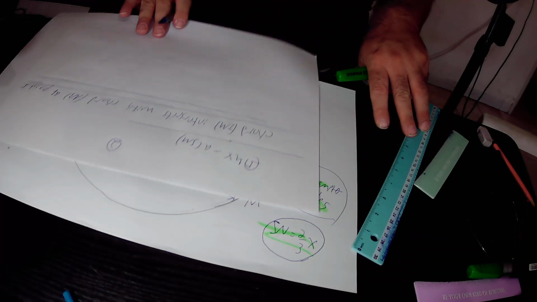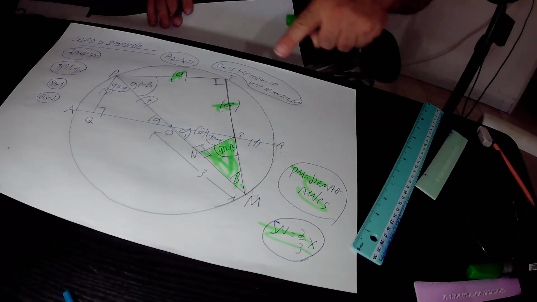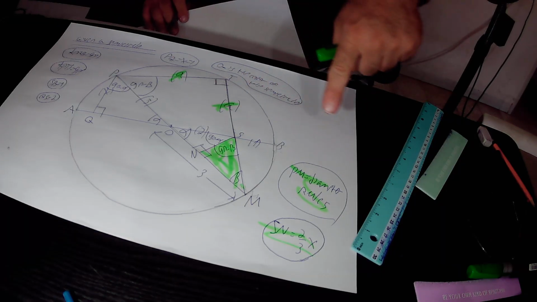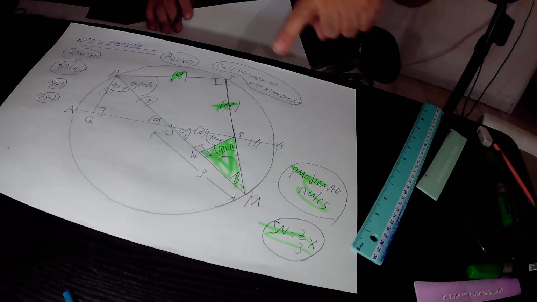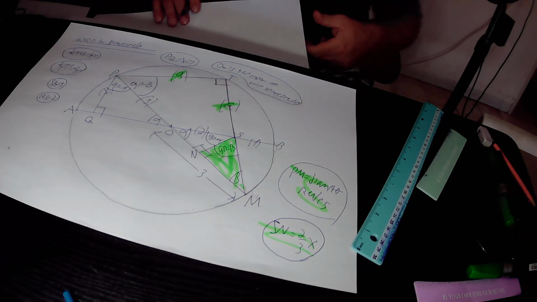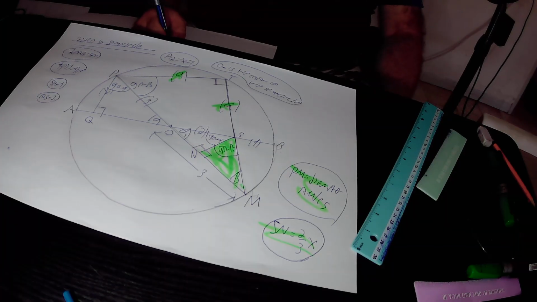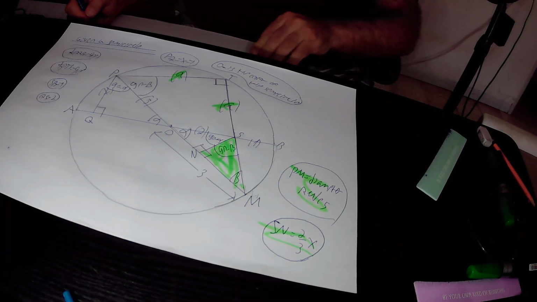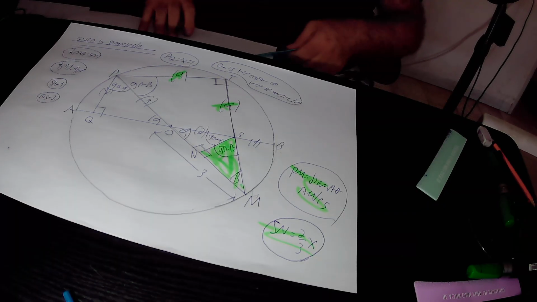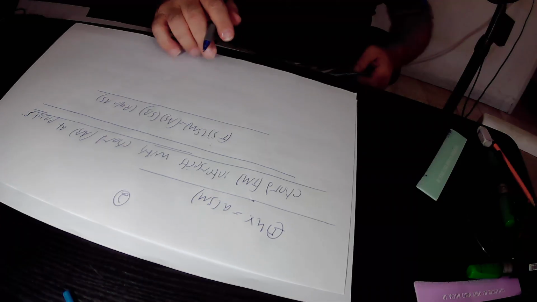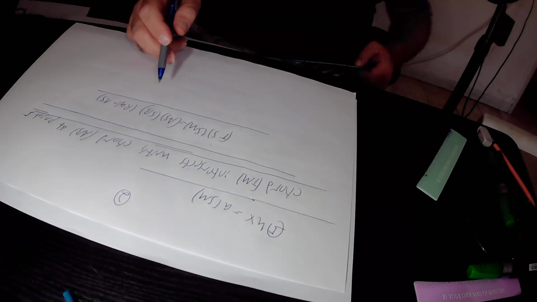According to rule 15, the following equation will be true: TS times SM equals AS times SB. I'll write it down. TS times SM equals AS times SB.